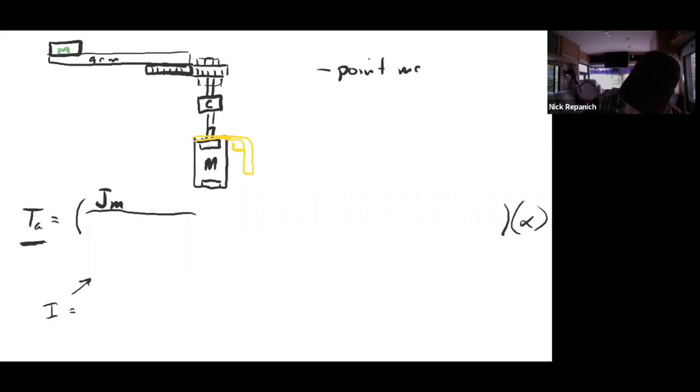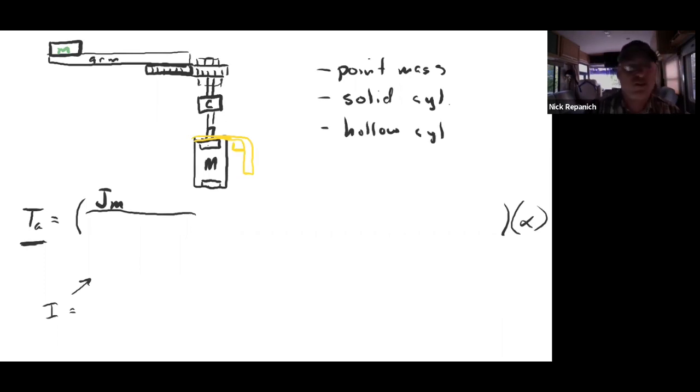And actually all a hollow cylinder is two solid cylinders, one subtracted from the other.